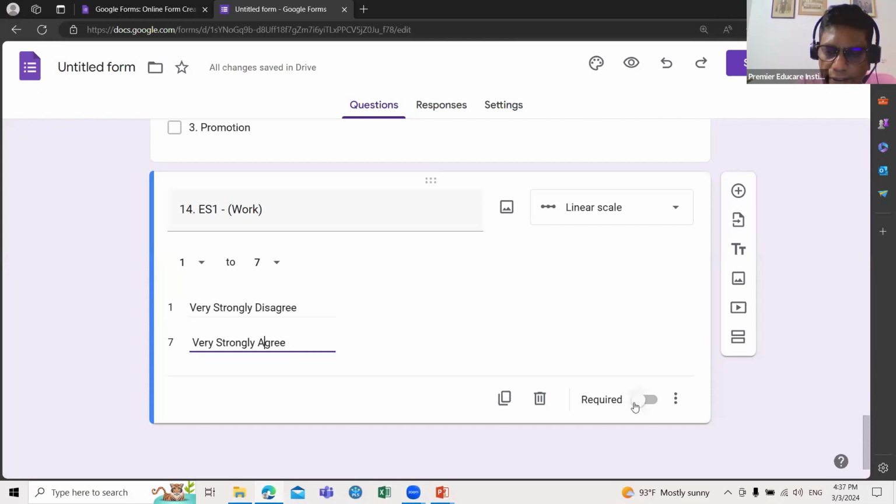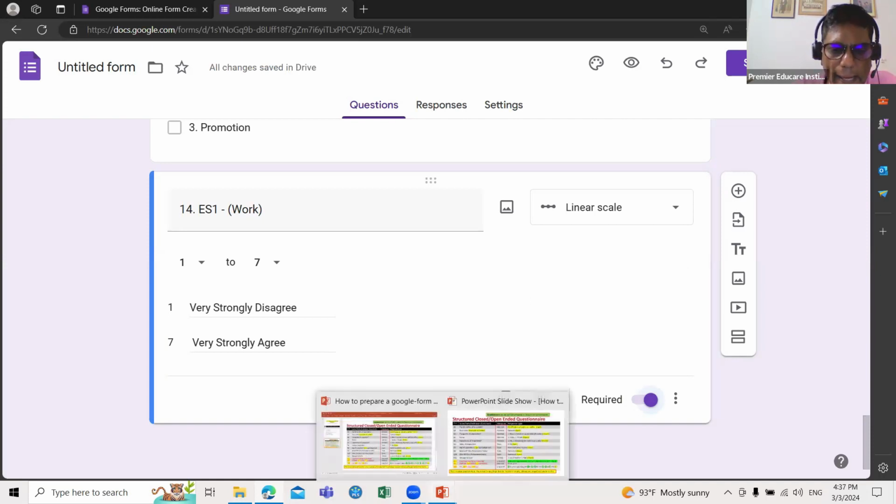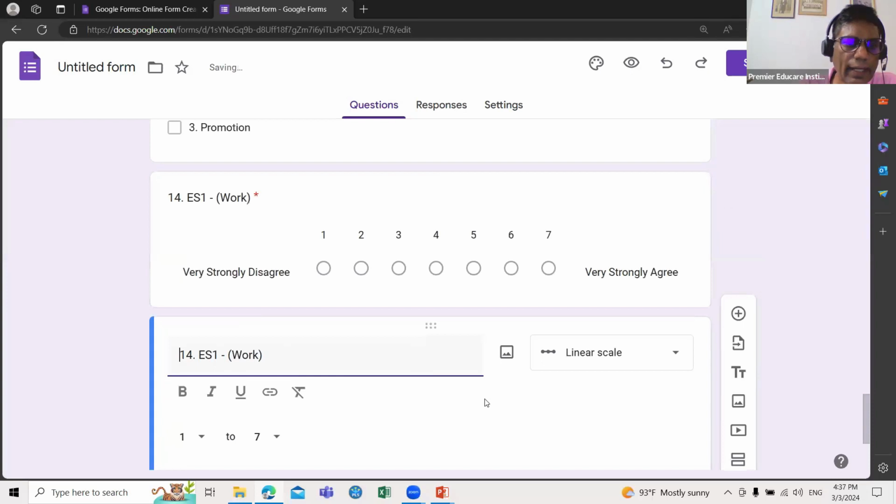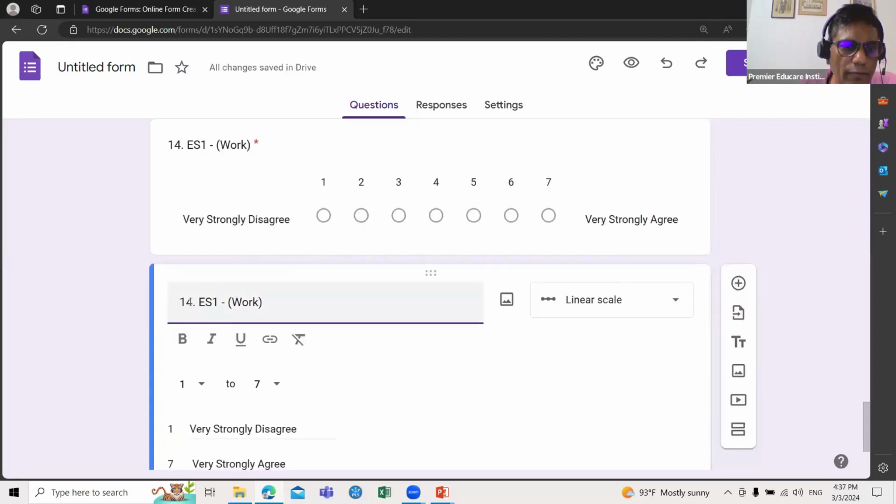This is again a required question. Click this one, and then you have to copy this one, and go here and paste. Now what is this one? Question number 15, ES2.